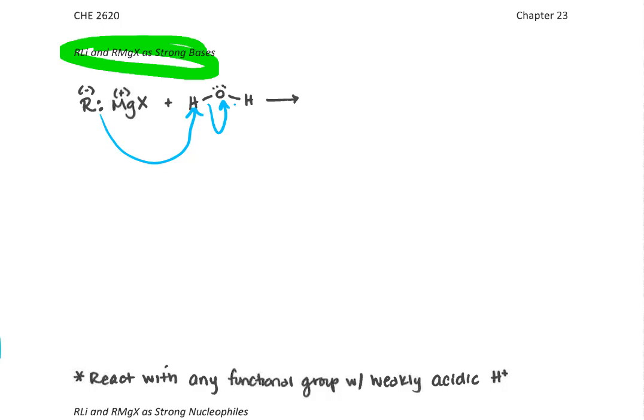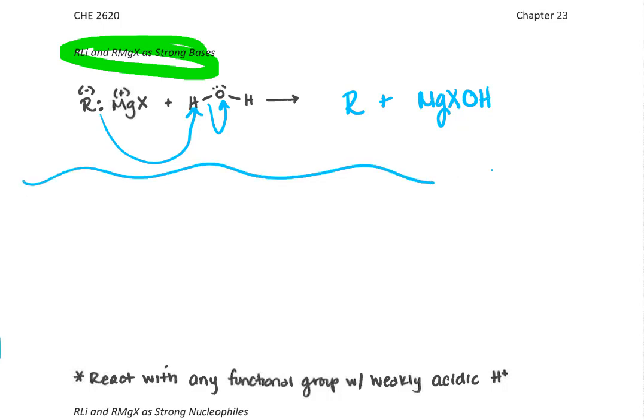like a ketone. So in this case, what we would end up with is just a very expensive way to get an alkyl group as well as a magnesium X and hydroxide.